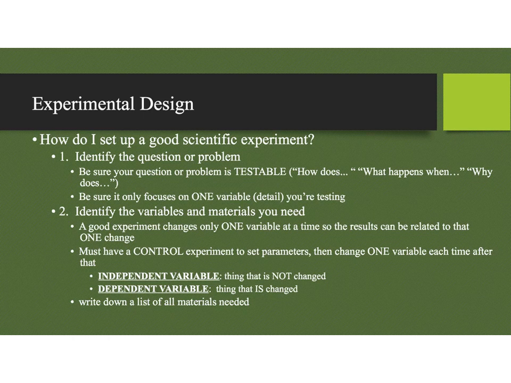You may set up your question and then define your variables, and then have to rethink what you're doing and redo your question again. All of these steps are like the scientific method. It doesn't always happen in the exact same order. So just a little heads up there.